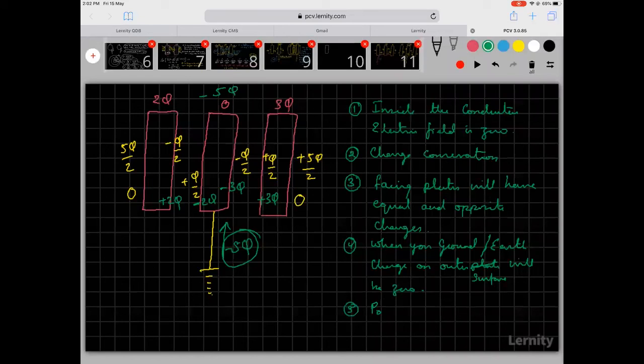Then the potential of Earth's surface is 0. That means this should form a capacitor, this should form a capacitor, equal and opposite charges. There should be no charges outside. If there are charges outside, potential won't be zero.